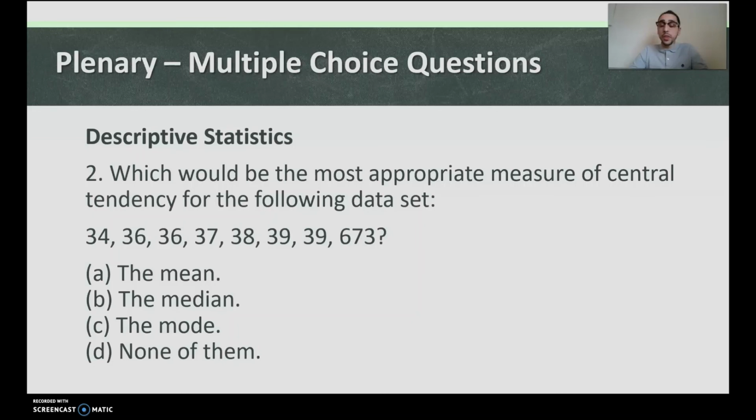Well, it's not the mean, because the mean takes into account all of the values, and because there's a really big outlier value there of 673, that would affect the mean quite drastically. And with the mode, it looks like there are 2 modes, so it's not really appropriate. So I would say the median is the most appropriate.